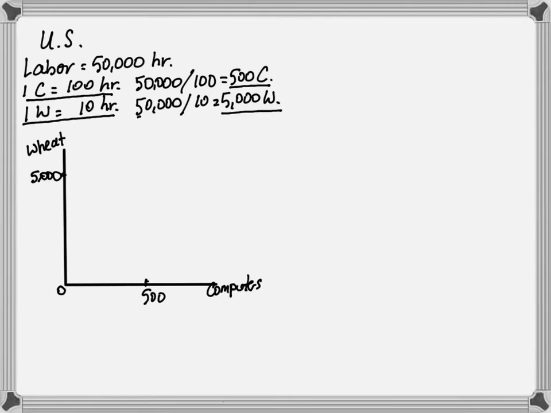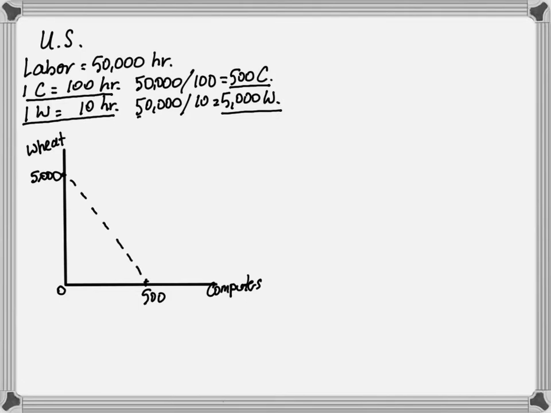If the US allocates all 50,000 labor hours in the production of computers, the United States can produce 500 computers. Or, of course, we can allocate the resources in the production of both goods. So the production possibilities will be any point between these two combinations.